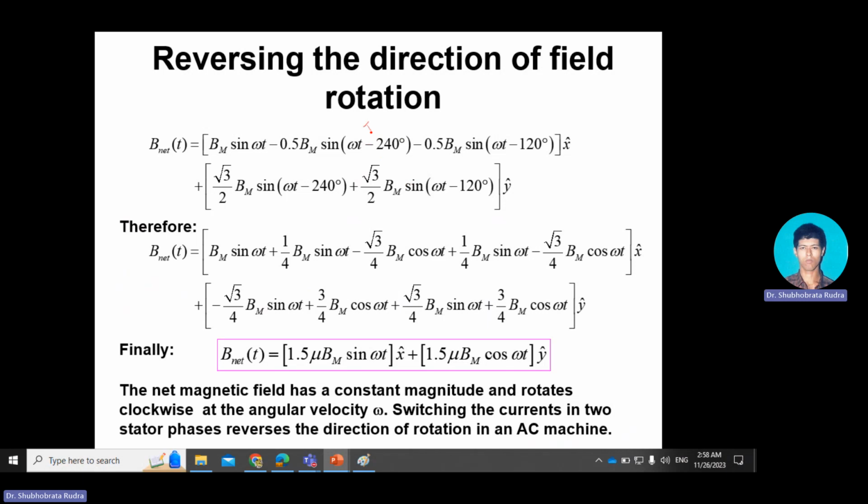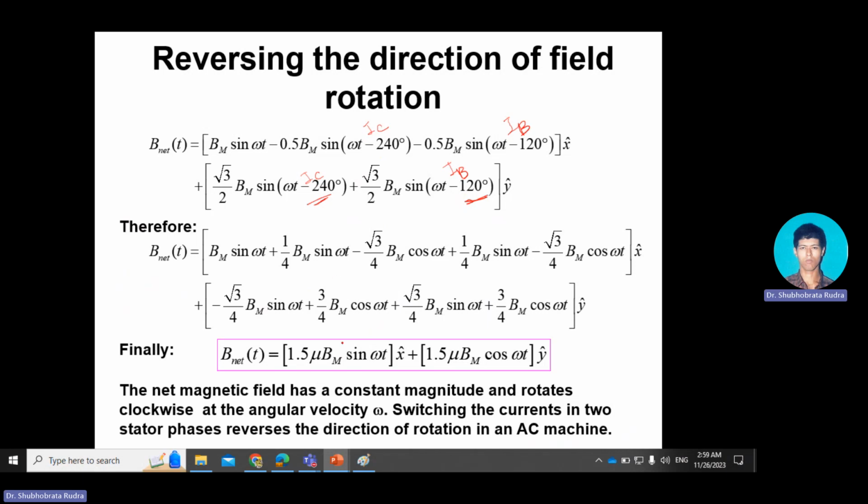You are having your IC here, IB here. You may want to figure out which one is IC, which one is IB, precisely due to this phase lag amount. We know C phase current lags A by an angle 240 degree and B phase current lags A phase current by an angle of 120 degree. Therefore, this is due to B, this is due to C. And accordingly, we have our expression.